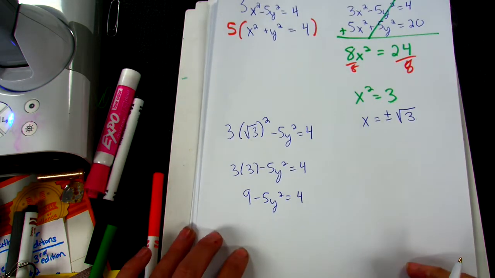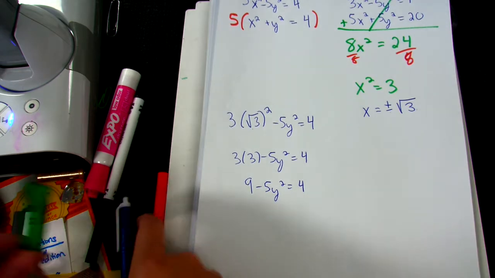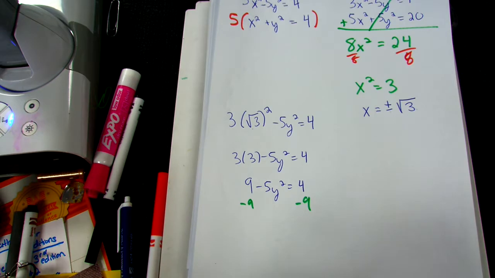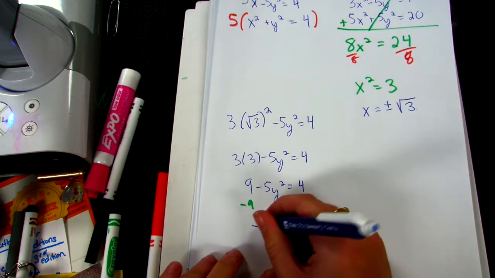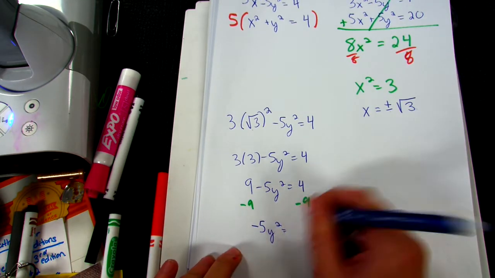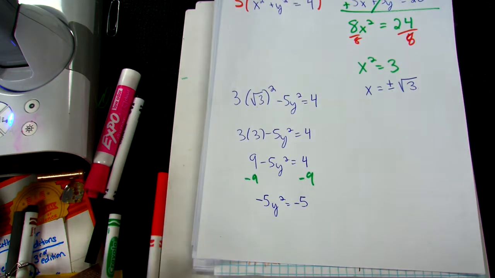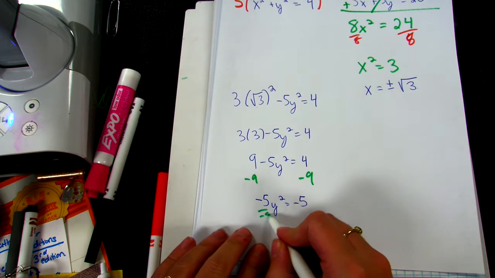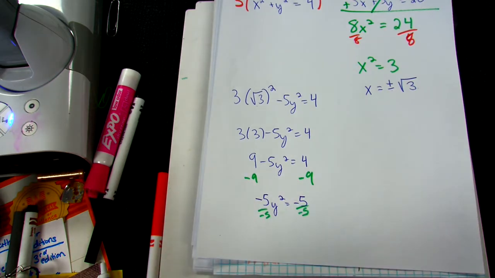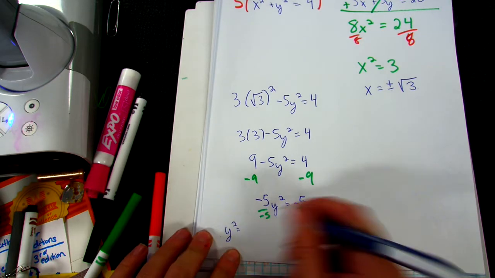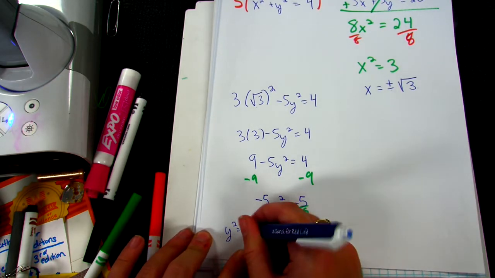I'm going to subtract 9 from both sides. So negative 5y squared is equal to 4 minus 9, which is negative 5. I'm going to divide both sides by negative 5. So y squared is equal to 1, right?